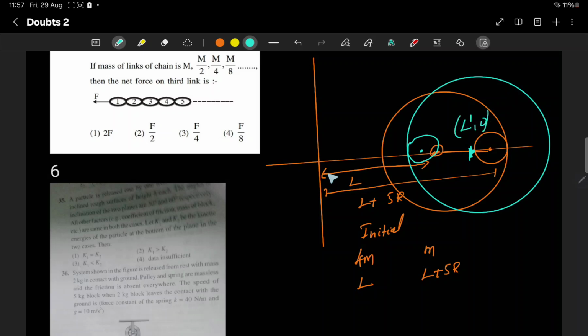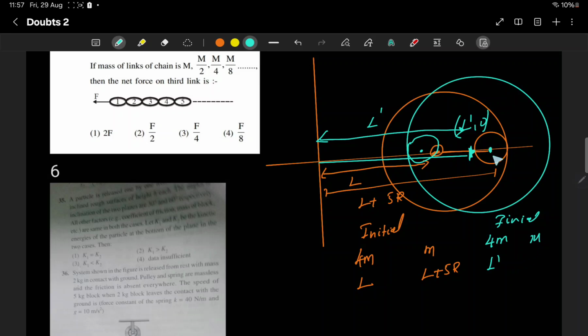This distance from the origin is L prime. Finally, we have 4m and m.